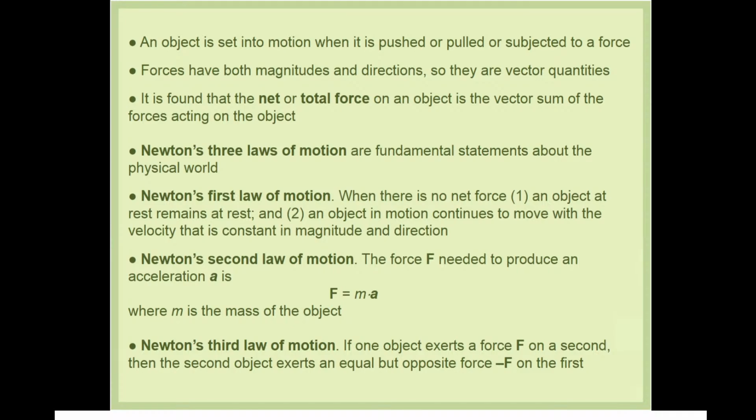And the second statement of Newton's first law: an object in motion continues to move with a velocity that is constant in magnitude and direction under the same condition, when there is no net force.